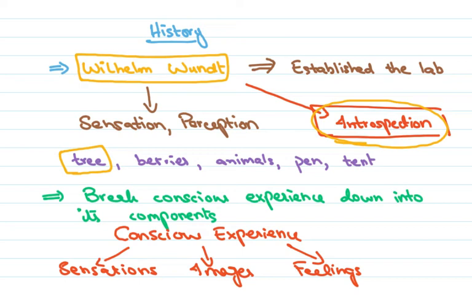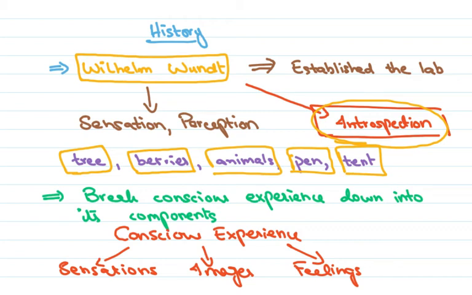Now, there were understandably a lot of problems with what Wundt was doing here, because a lot of different labs reported that when participants were given all of these different words, not all the participants reported on any sort of mental images, right?